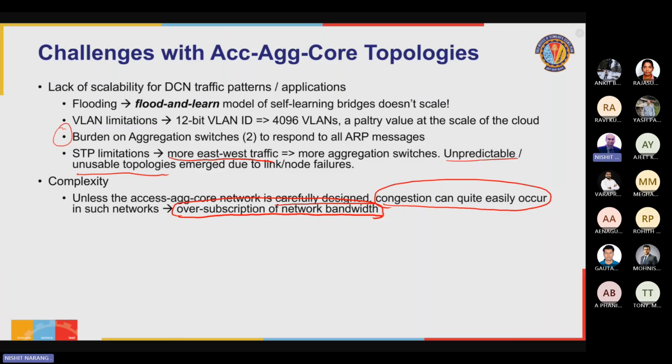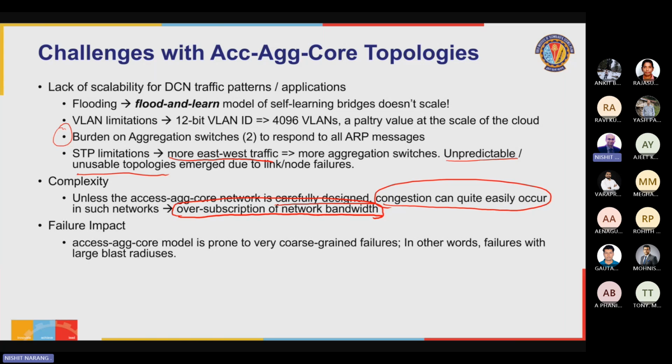And therefore, those active links have to be oversubscribed with network bandwidth if I want network congestion to be avoided. If I don't do that, then congestion can quite easily occur in an access aggregation core topology. So that's another challenge or issue with access aggregation core topologies used with STP: you need to oversubscribe network bandwidth many factors more than what you would normally do in a modern data center network topology.